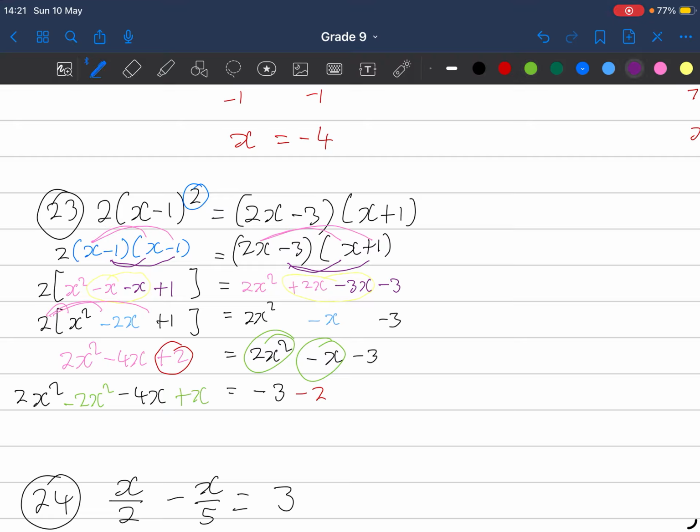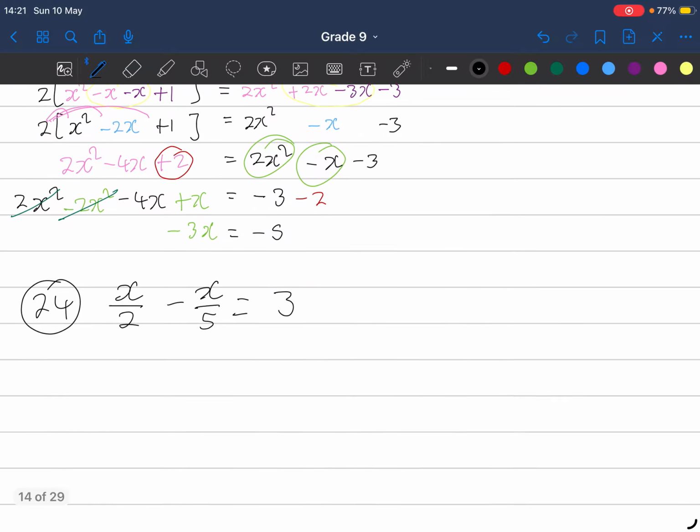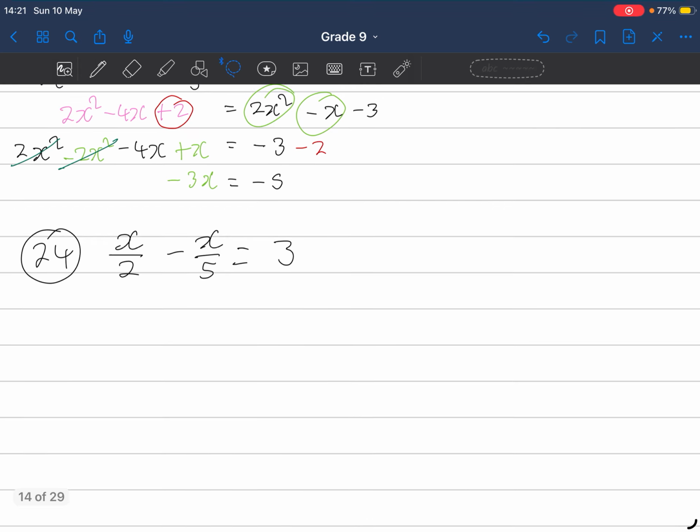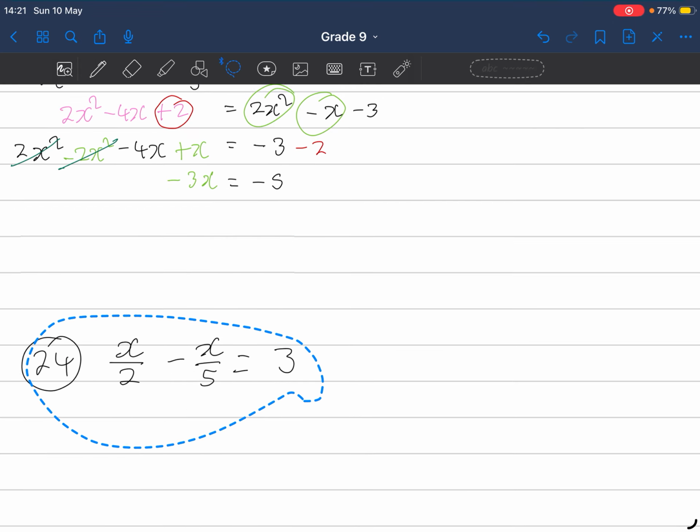Now, the thing that happened here that made this still a linear equation, even though there's an x squared, is that the plus 2 and minus 2 cancel. On the left, I will then be left with minus 3x, and that's equal to minus 5.